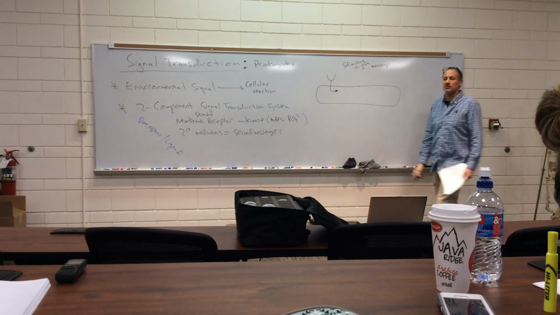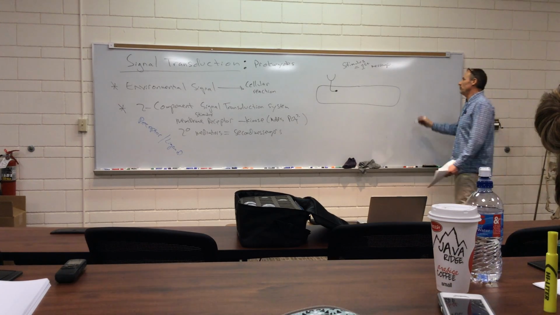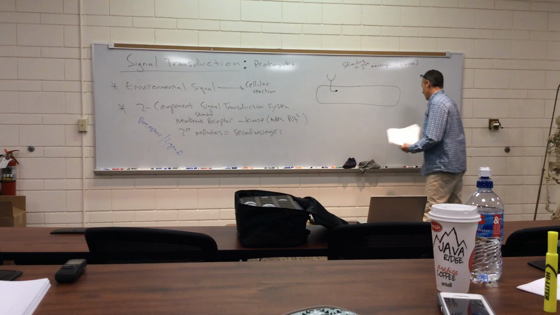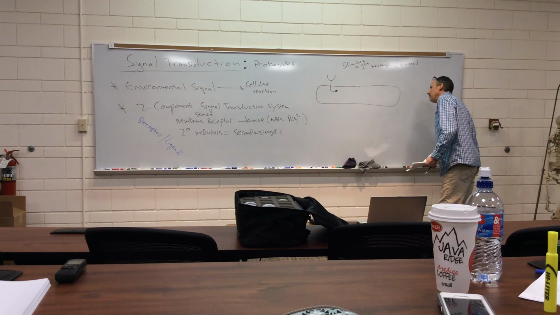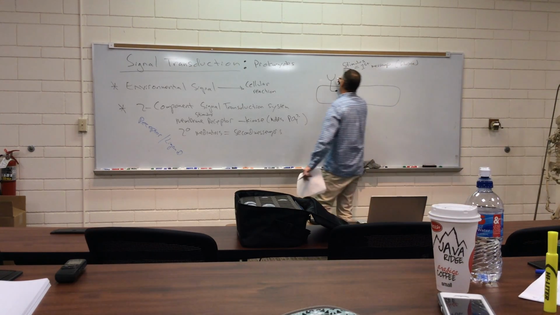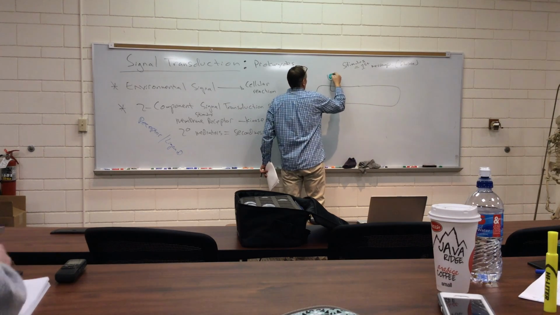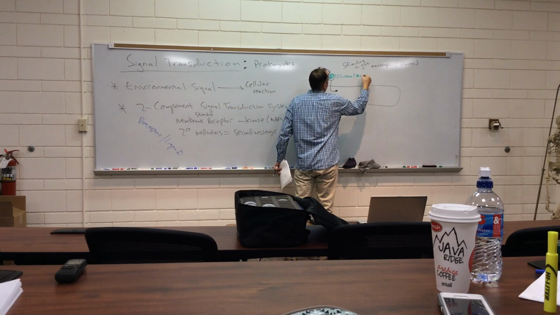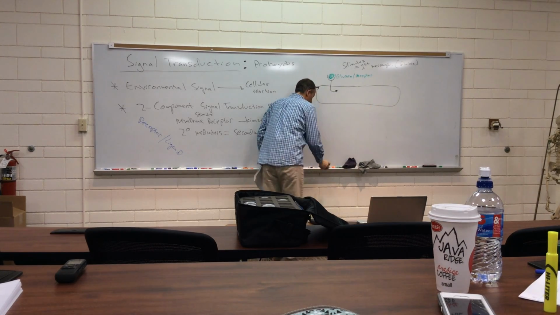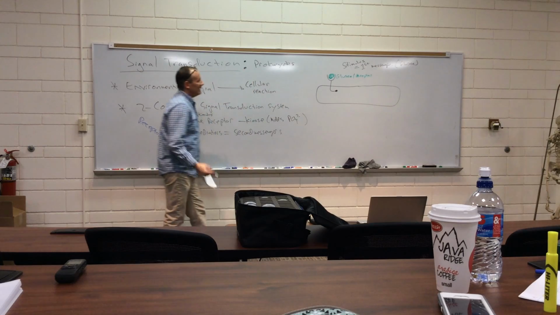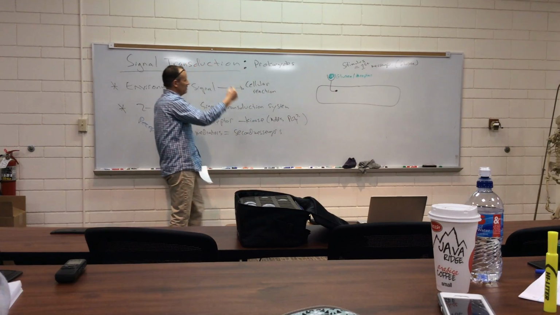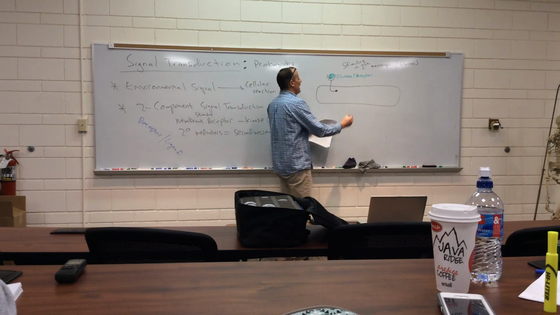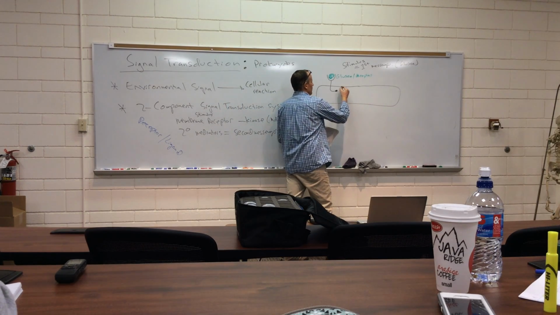Let's just say that this receptor is a receptor for glucose, just to make things easy. So glucose comes down, binds the receptor. When this happens, the signal is transduced through the membrane, and the inside kinase basically activates second messengers.